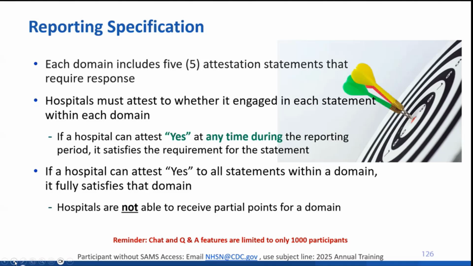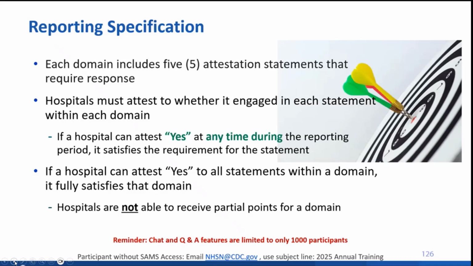But now let's talk about how this impacts the overall assessment. If a hospital can affirmatively attest yes to all statements within a domain, it fully satisfies that domain's requirements. However, it's crucial to note that hospitals cannot receive partial points for a domain.